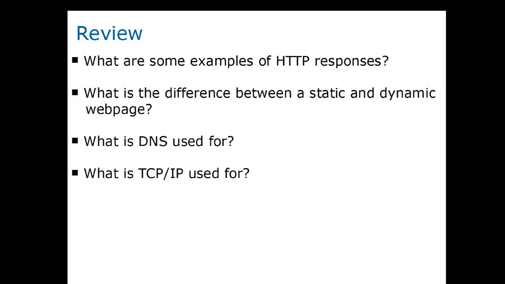Yeah. Any other ones you guys remember looking at? 300. What's 300? Yeah, so is that a redirect? I don't have the codes memorized, as you can probably tell, but they are categorized, right? So if they start with a 2, that generally means that things went okay.